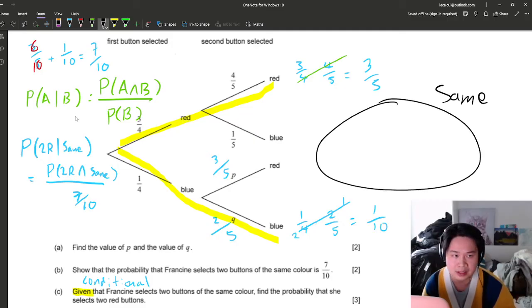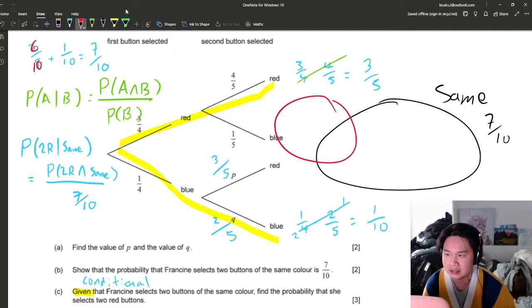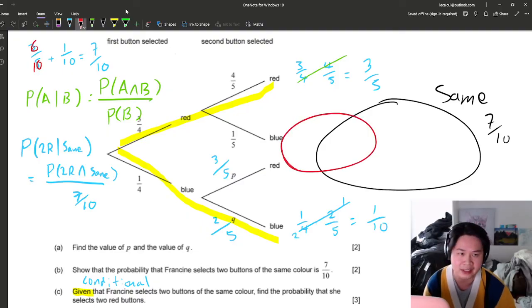Here's the probability that they're the same color, 7/10. Normally they teach you that in an intersection the two probabilities overlap a little bit. However, think about where 2 red would belong if you drew a Venn diagram.